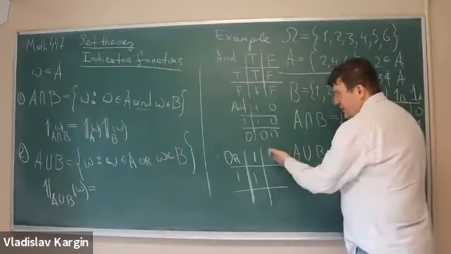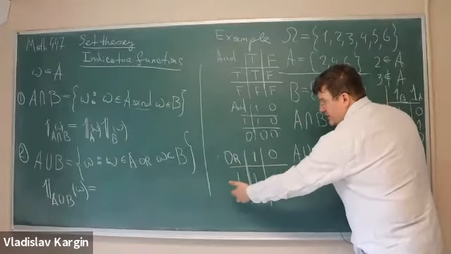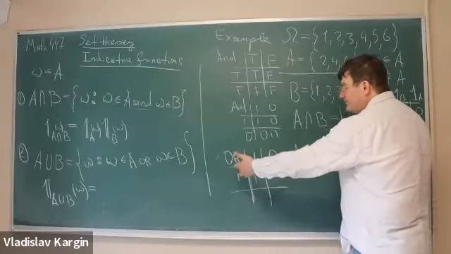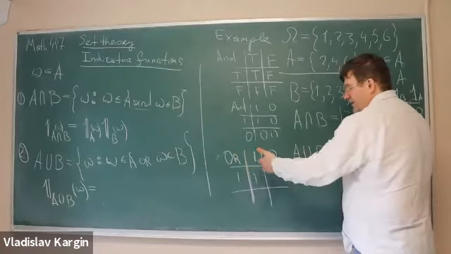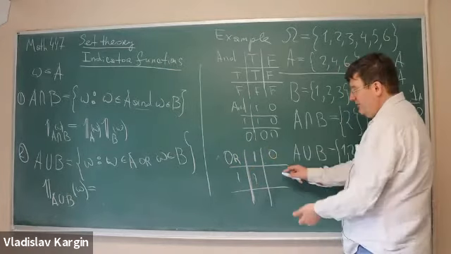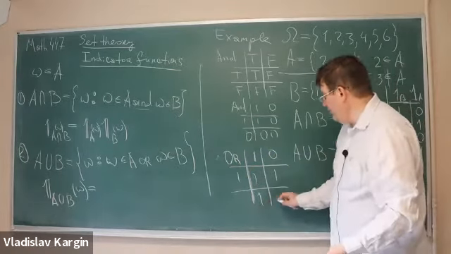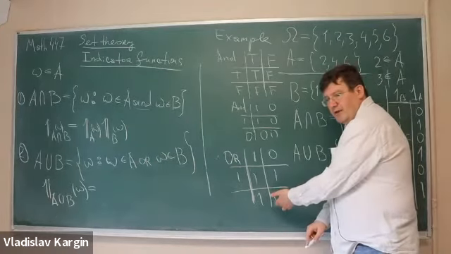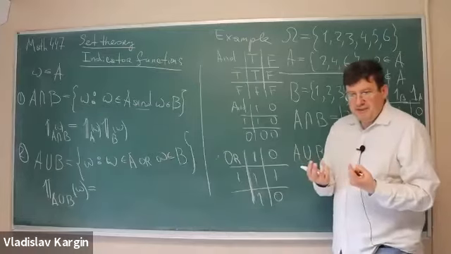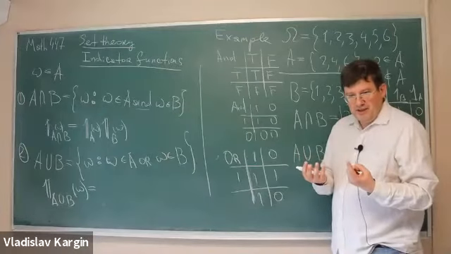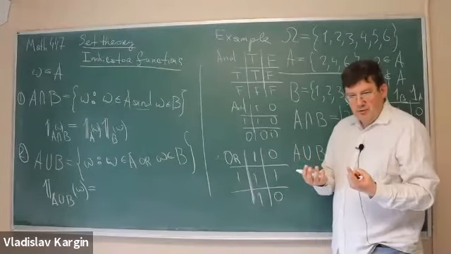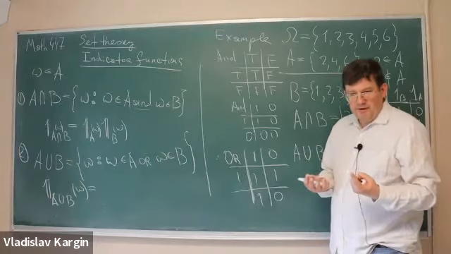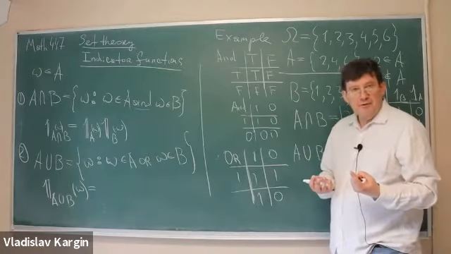And if this is true and this is false, then we have true, here is 1. The only time when the OR of two statements is false is when both of them are false.